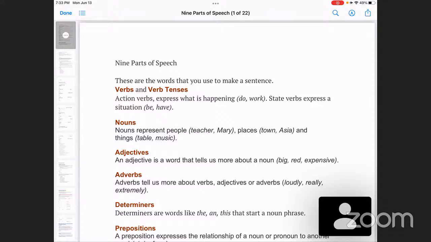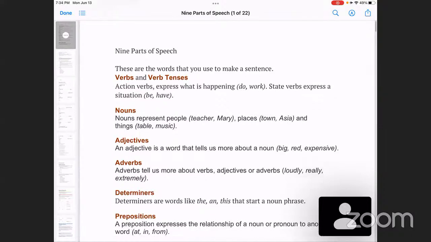Adjectives. An adjective is a word that tells us more about a noun. So that is big, red, expensive. So giving an example, to construct a sentence which has a noun and an adjective, it can be something like: Mary lives in Asia, which is a very big continent.